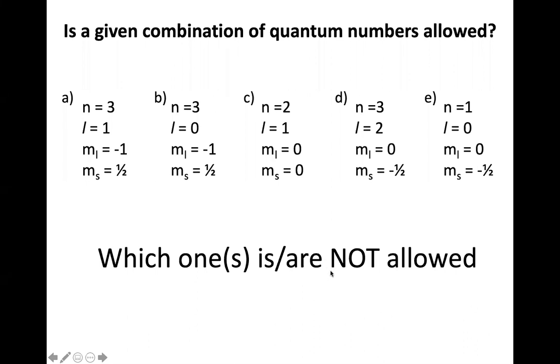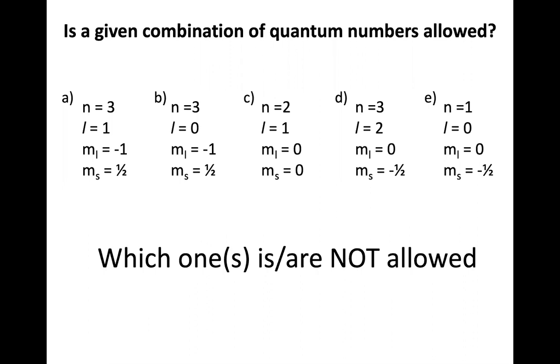Okay, so sharing results with y'all. The consensus for the ones that seem like they might not be allowed, strongest consensus is with choices B and C. So let's look at B and C. If I look within here for the relationships for B, it's saying that you can have a 3s orbital.